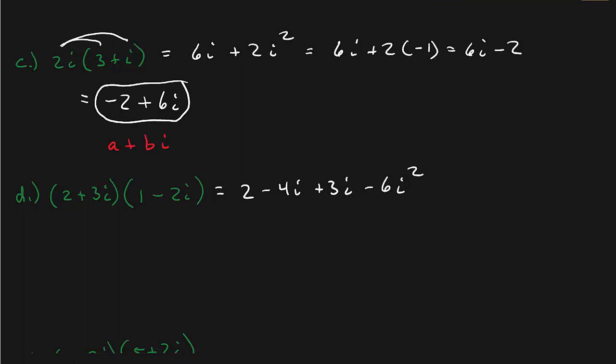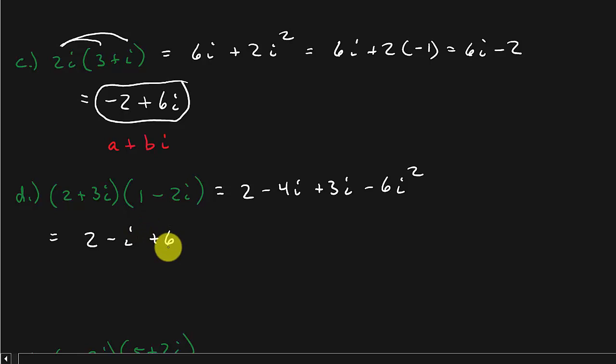All right, so now I've got to simplify this thing. So that's going to be 2. And here I'm going to combine like terms. So that's 2 minus i plus 6. All right. So if you're taking notes, just write that down. How did I get the 6?